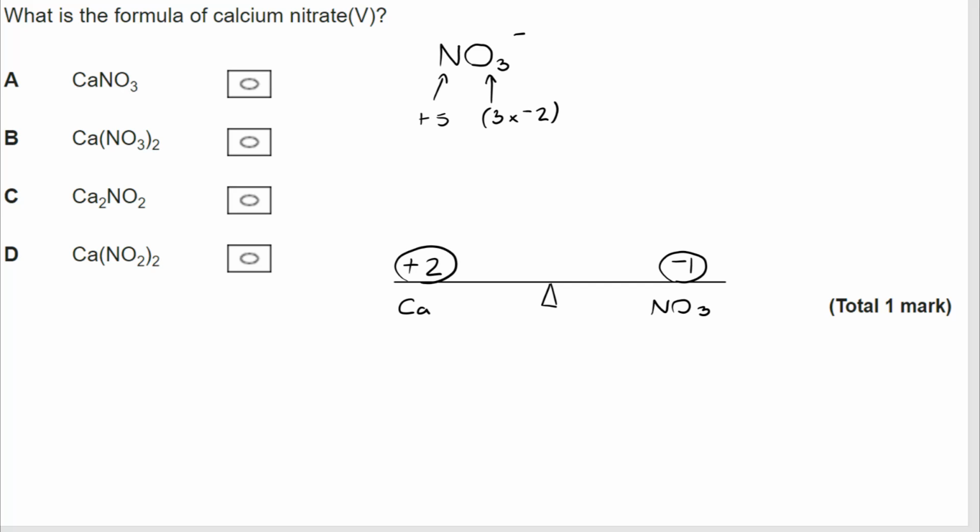I need to add more on the left or the right until my charges cancel out to 0 because there is no charge on calcium nitrate. So I need to add another -1 on here. So I've got 1 calcium and I've got 2 nitrates. Now I need the brackets there, so the answer is B.